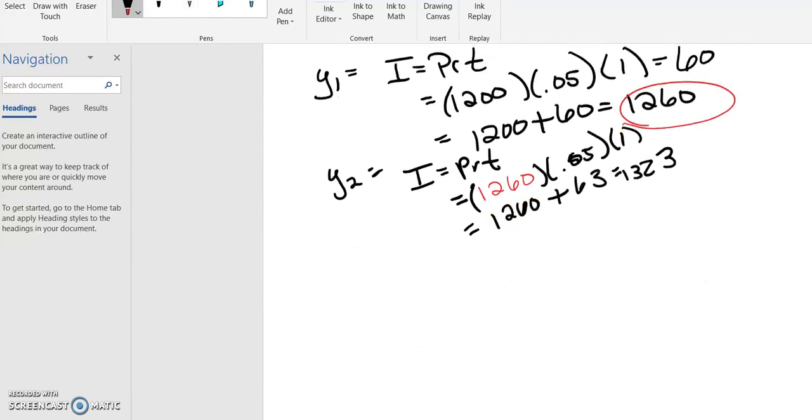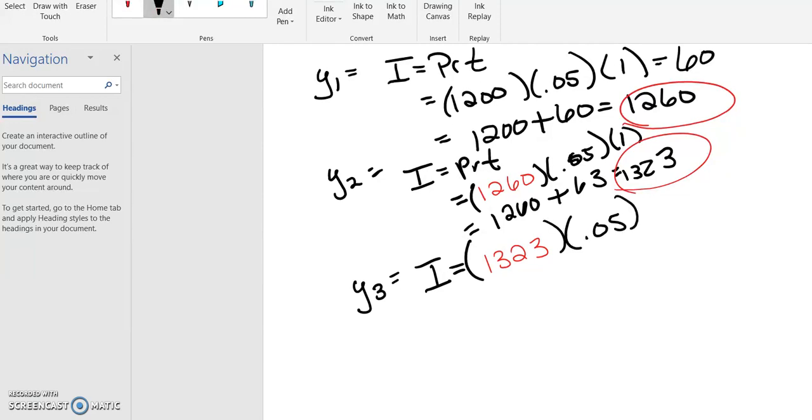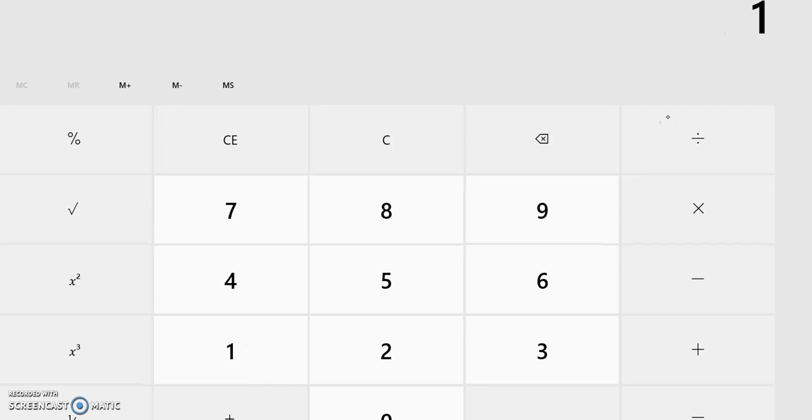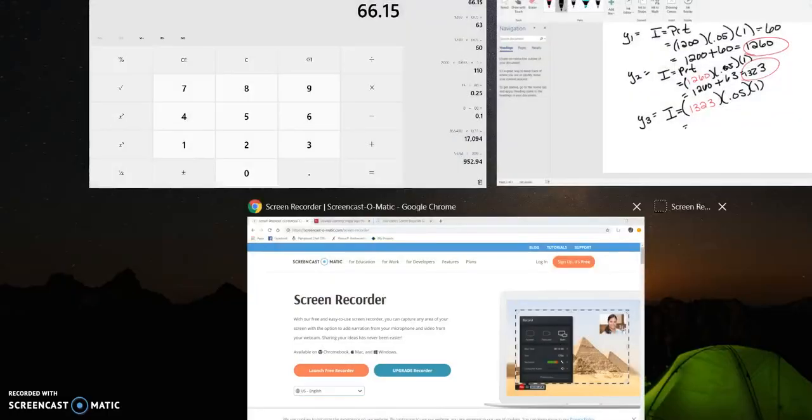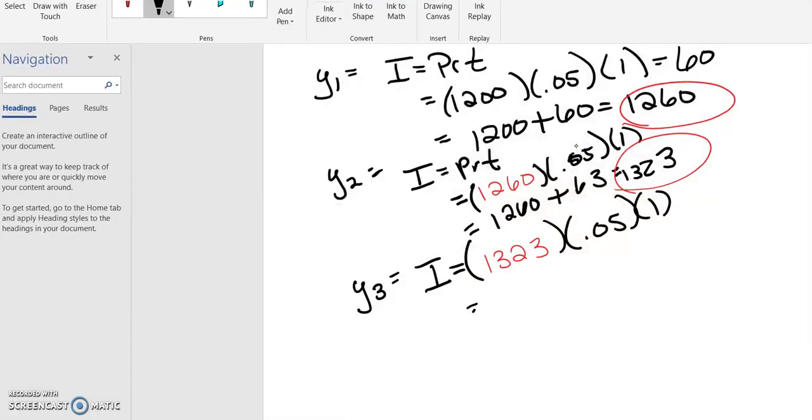Now, if we're going to keep working this, we're going to have to take that 1,323, and that's going to be my new P. So my third year, and the end of my problem, is going to be I equals P, where P is that 1,323, the new one. And I'm going to multiply that times the 0.05 times 1, because again, we're going at 1 year. So 1,323 times 0.05 is going to be 66.15.